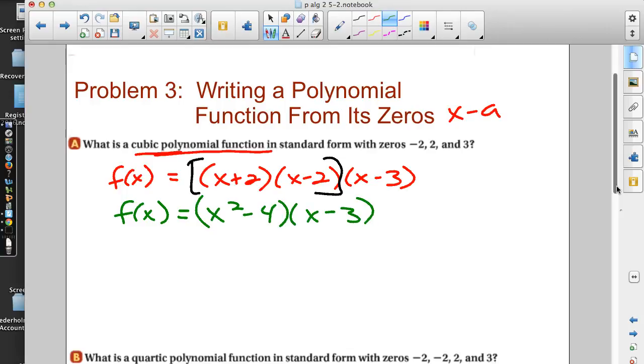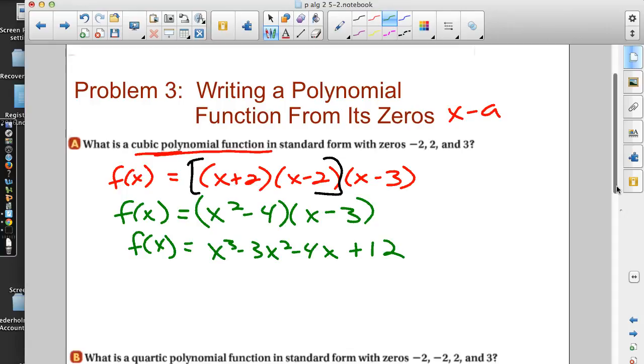And then we can just do FOIL, and we can get the rest of this. So we would have x to the 3rd minus 3x squared minus 4x plus 12. Obviously a cubic, and we see the 3rd degree immediately in the front in standard form. And it is a polynomial function because we have our little f of x. So far, so good.